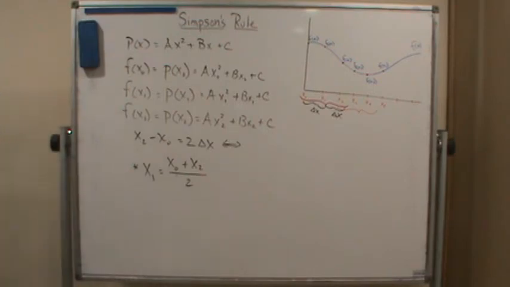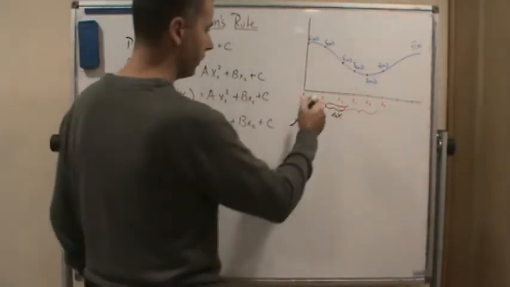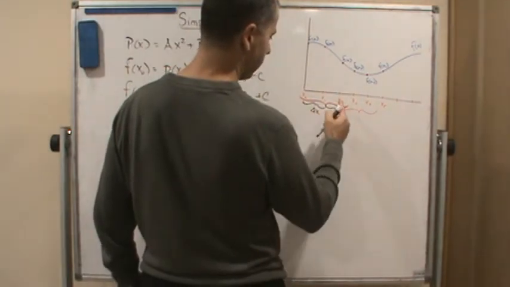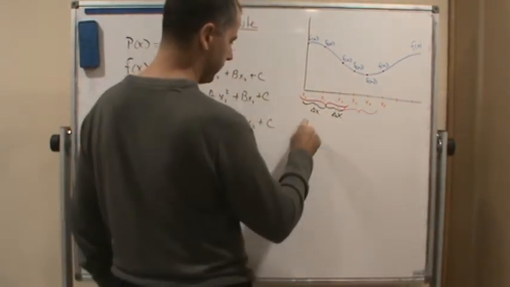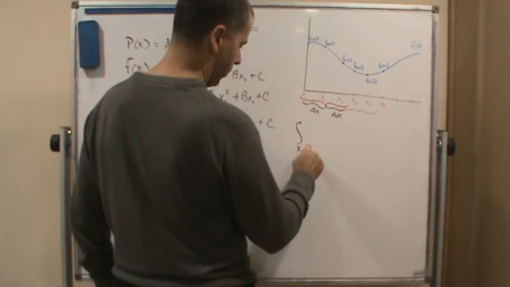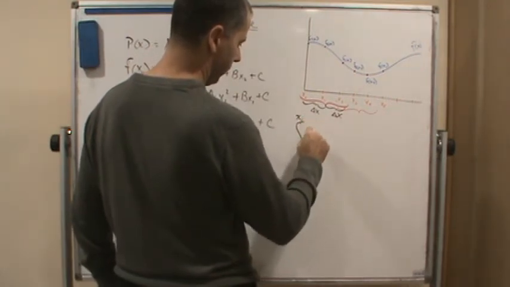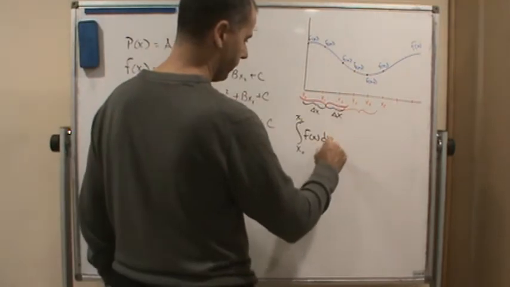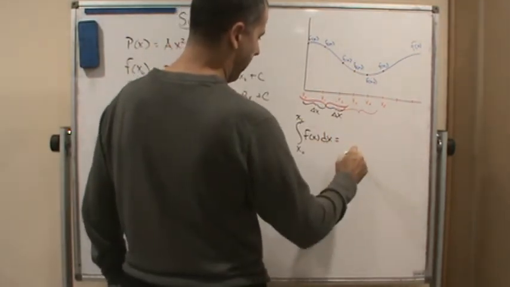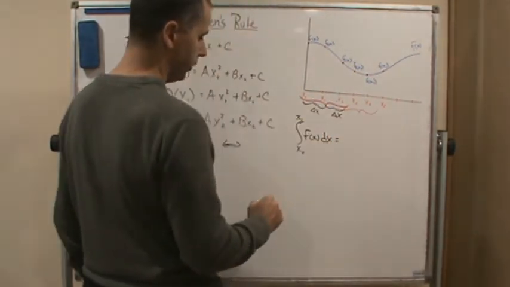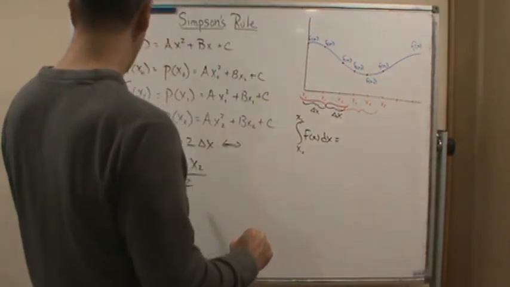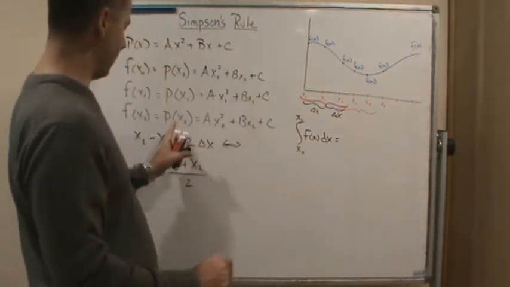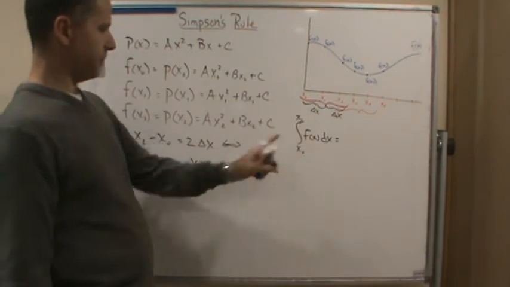Okay, so now what are we going to do? Well, we're going to integrate. That's the whole purpose of this. We're integrating from x0 to x2. So we want to integrate from x0 to x2 of f of x. We're trying to find the area. And we're going to use the polynomial p of x to estimate this.